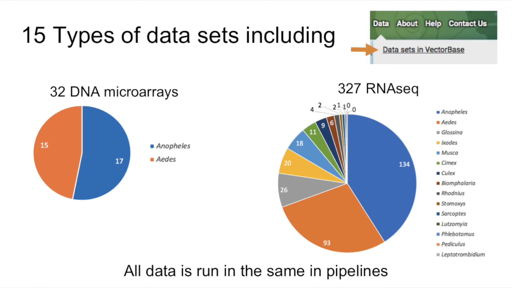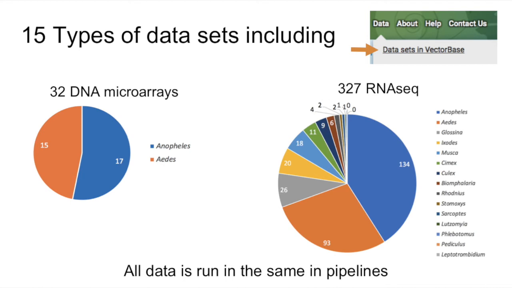And because microarrays used to be the norm before, we have a few of them, but most recently we've only been adding RNA-seq datasets for all of these species, but mostly we have for Anopheles and Aedes. However, if you're interested in any other species that is within the scope of VectorBase, vectors related with human disease or species of interest for comparative purposes, let us know and we'll be more than happy to add more datasets.